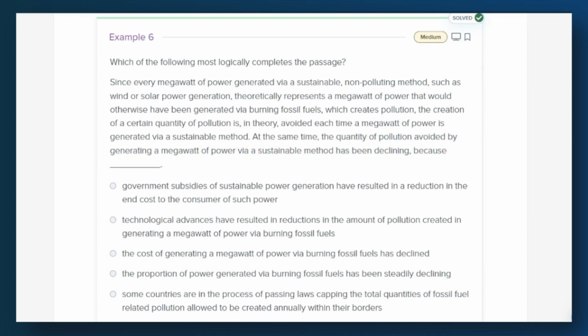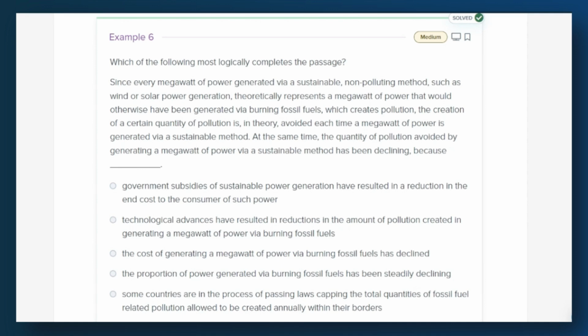So in theory, every megawatt of power generated by a non-polluting method saves us some amount of pollution because it's one less megawatt generated by a polluting method. However, the pollution savings per megawatt has been declining. Why? It could be that the polluting methods of generating energy have been getting cleaner.